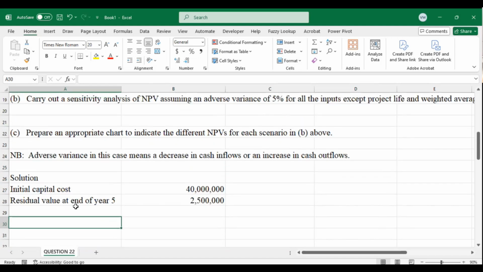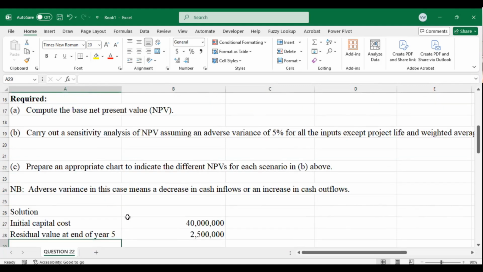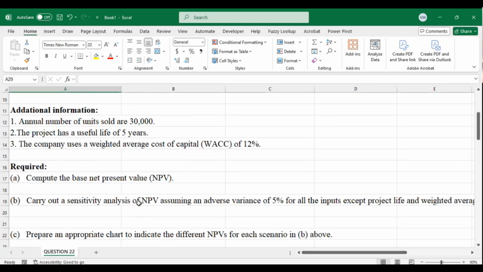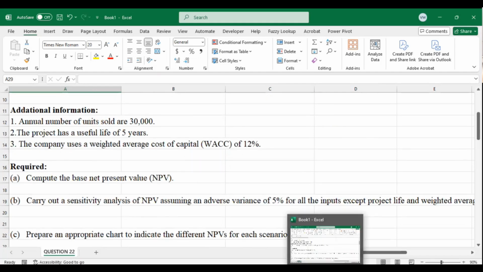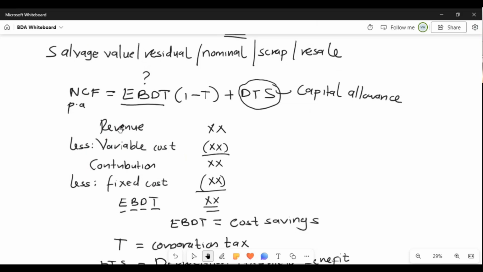But before we introduce the taxes, we need the earnings before depreciation and tax, and that is given by the revenue less variable cost and less fixed cost. But the question has not given us revenue, but we can actually compute the revenue because the revenue is given by the unit selling price, which we are given, multiplied by the units.